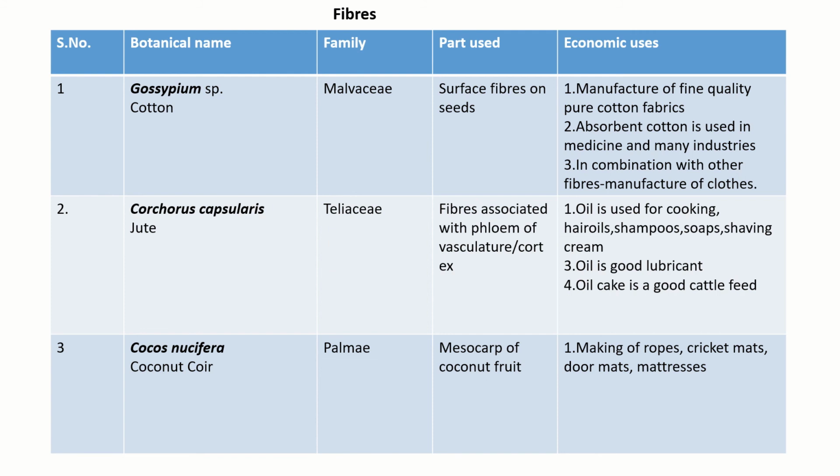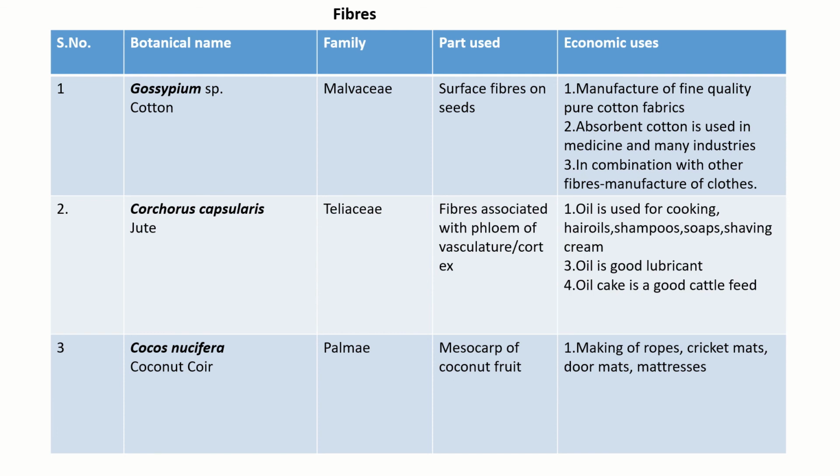Then we come to jute. Corchorus capsularis. It belongs to the Tiliaceae family. Fibers are associated with the phloem of vasculature or cortex. Oil is extracted from this, used in making cosmetics like shampoos, soap, and all these toiletries and cosmetics.